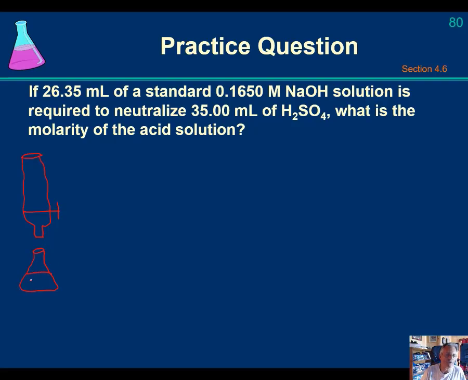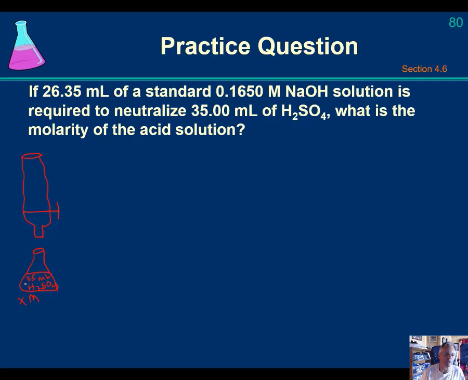So what do we have down here? We have 35 milliliters of H2SO4. The concentration is unknown, so we have an unknown molarity.